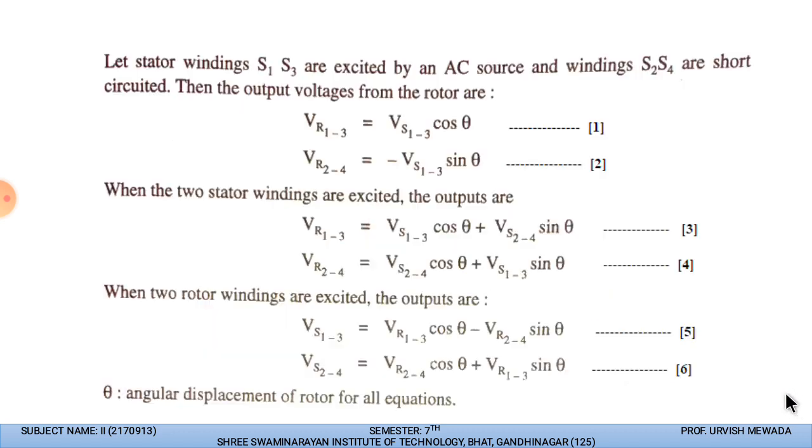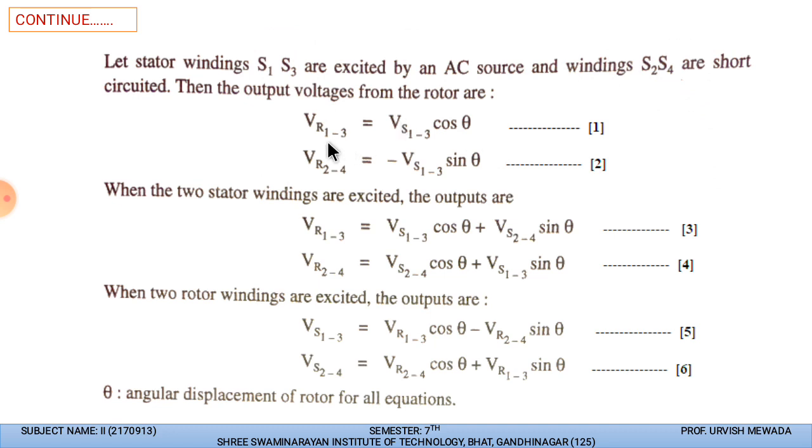Now let us discuss: let the stator windings S1 S3 be excited by an AC source, and windings S2 and S4 be short circuited. So we have four windings, meaning terminals S1 S3 S2 S4. S1 and S3 are given excitation, and S2 and S4 are short circuited.